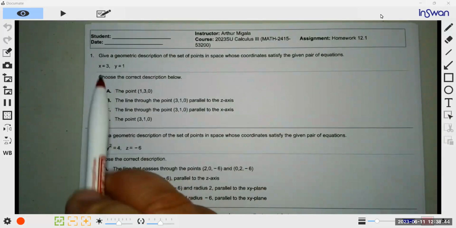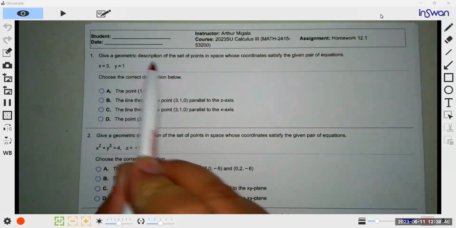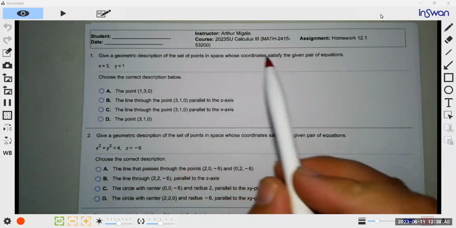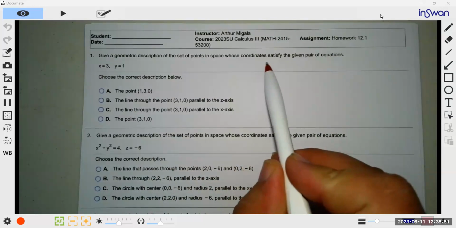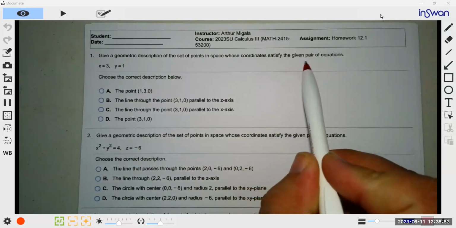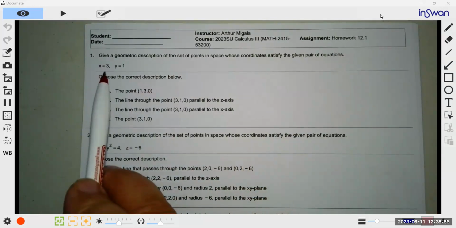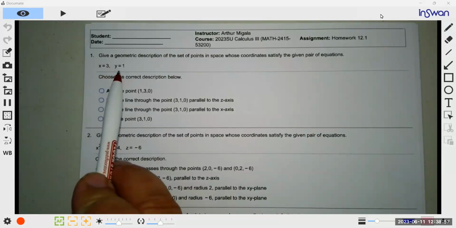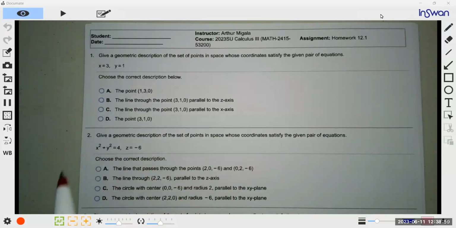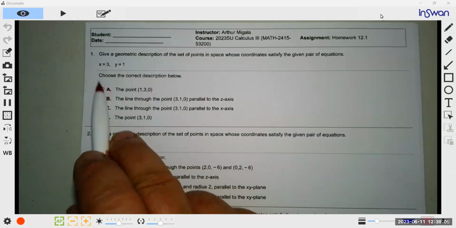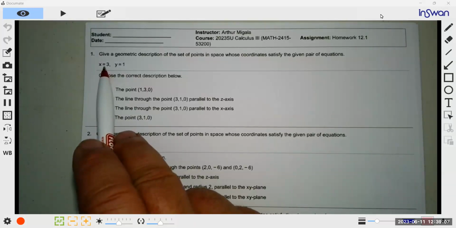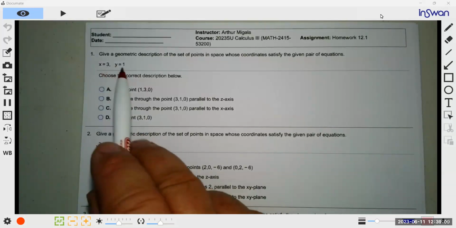The first question: give a geometric description of the set of points in space whose coordinates satisfy the given pair of equations. X equals 3, y equals 1. Choose the correct description below. What this means is there's a plane going through the x and y.